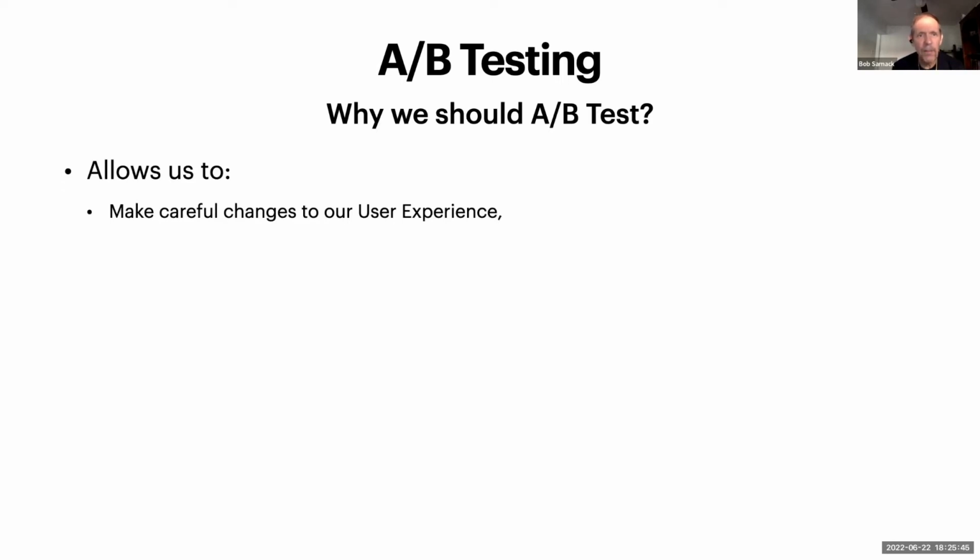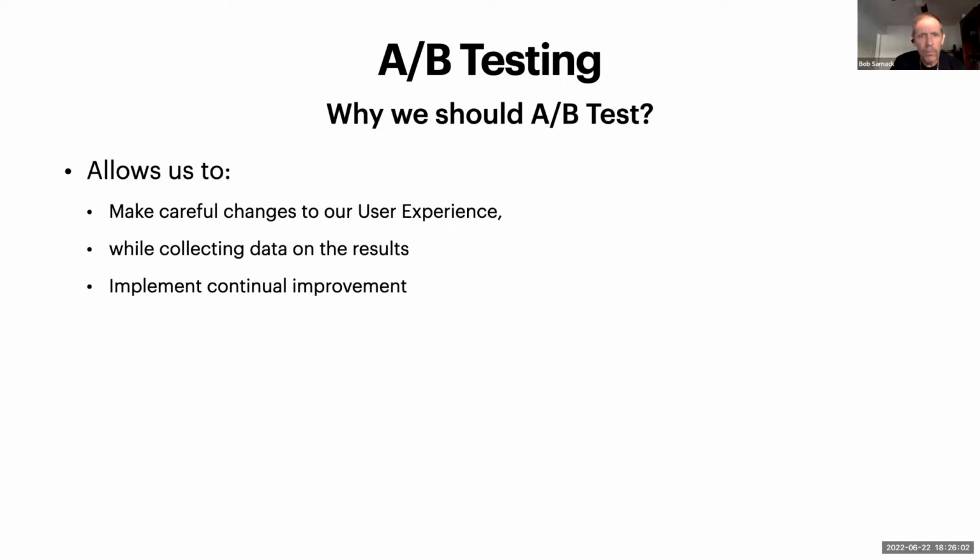Our opinion about the best experience for a given goal can be proven wrong through A/B testing. More than just answering one-off questions or settling a disagreement, A/B testing can be used to continually improve a given experience or improve a single goal like conversion rate over time.